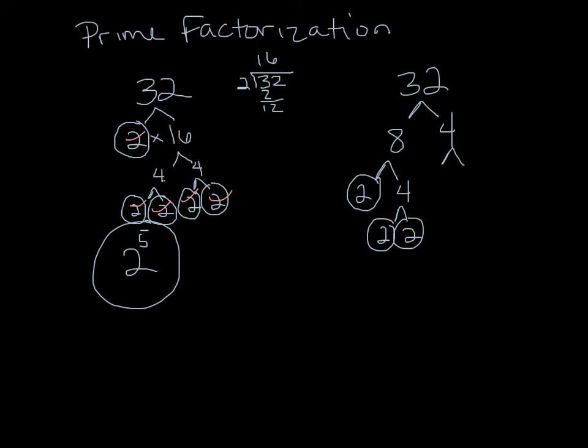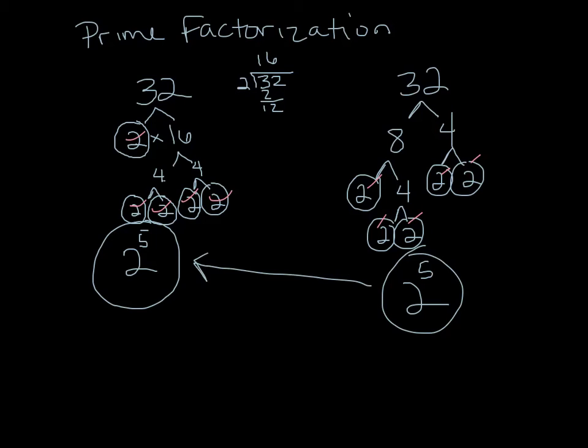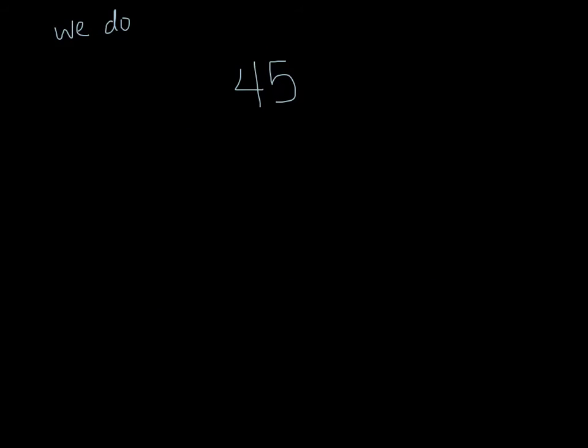And this is 2 times 2, prime, prime. That's 2 times itself, 1, 2, 3, 4, 5 times. And I still would have gotten the same answer. So there could be different approaches to get there, but you'll end up getting down to the same primes. So let's do a redo.